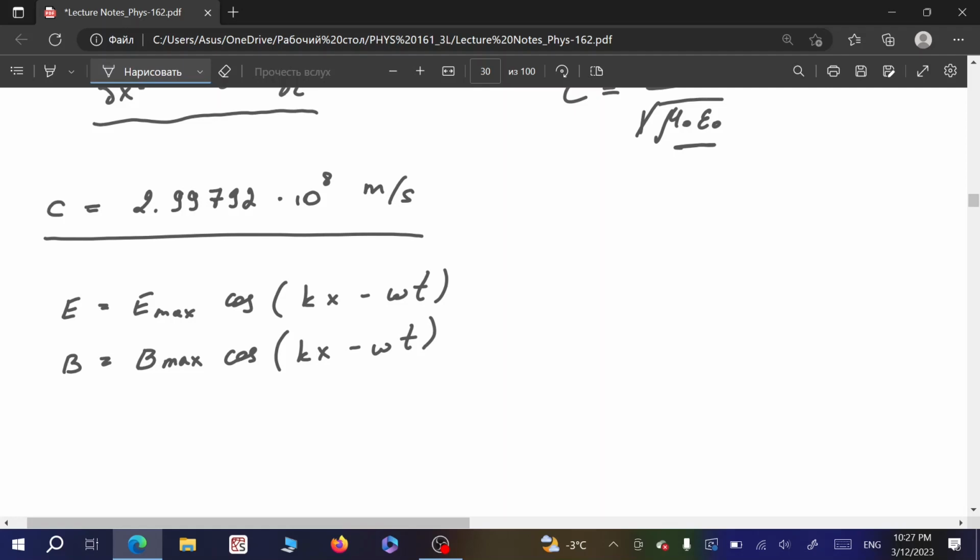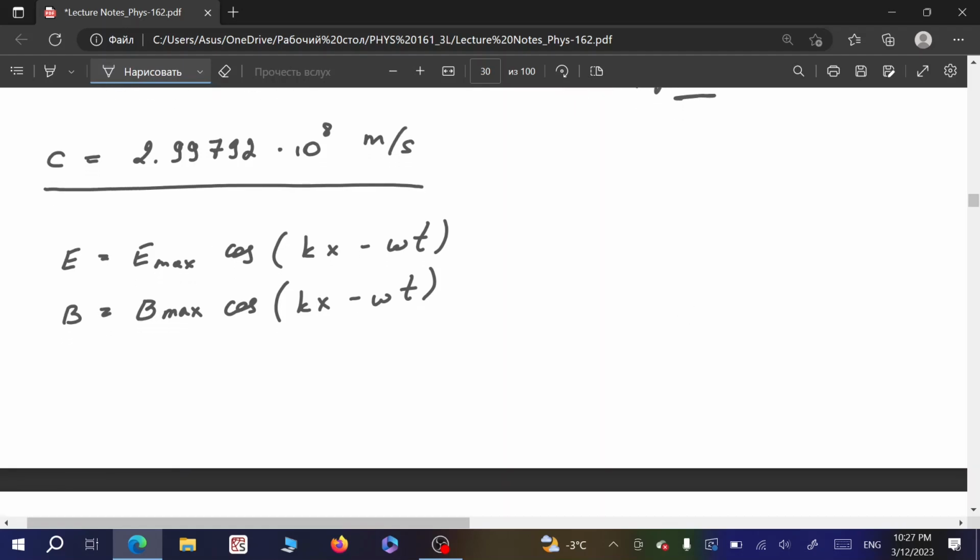So here we have E maximum and B maximum. These are amplitude values of the respective electric and magnetic fields.